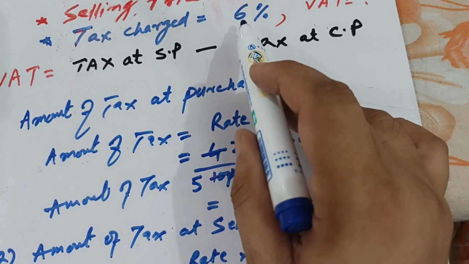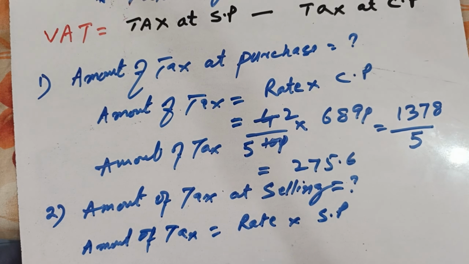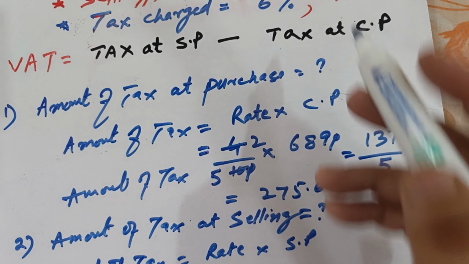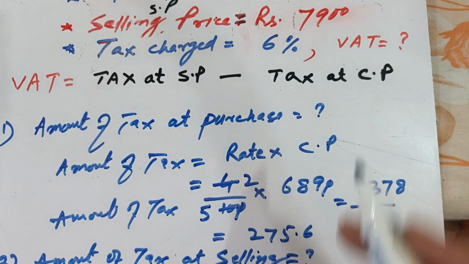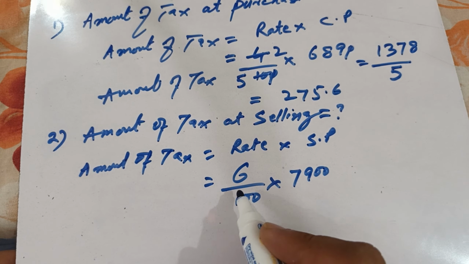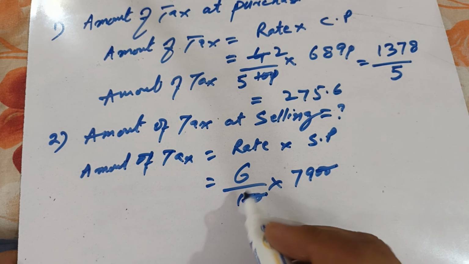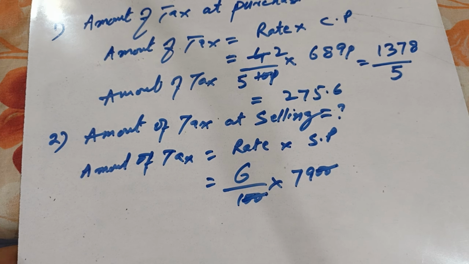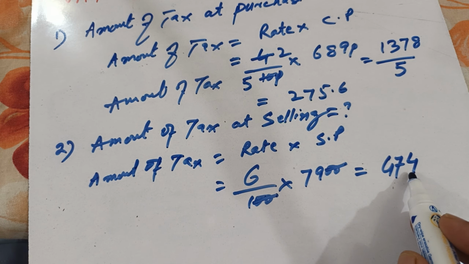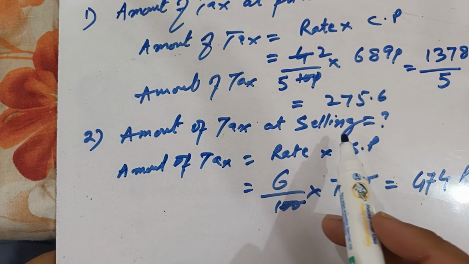So our rate was 6% and selling price was 7,900. 6% multiplied by 7,900. These two zeros will be cut off, and we will multiply this 6 with 79. Yes, I multiplied 79 with 6 and got 474. So this is the amount of tax at selling.